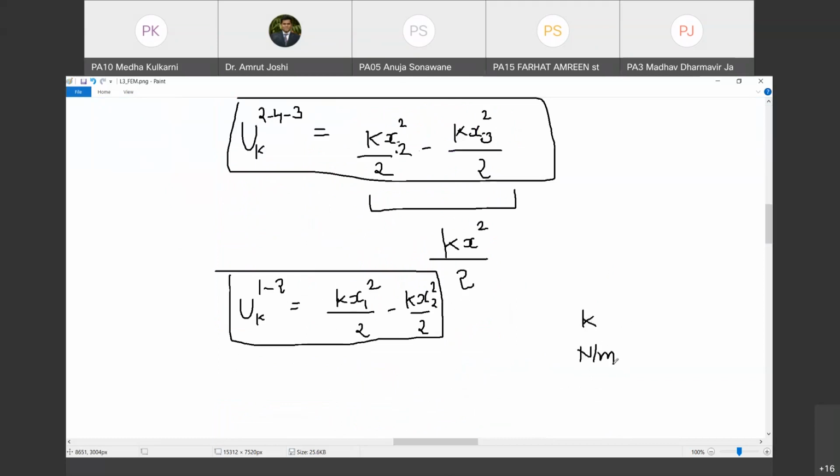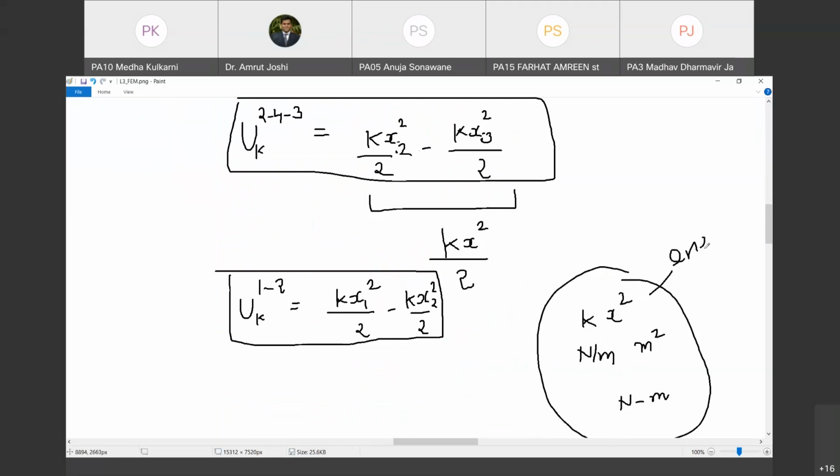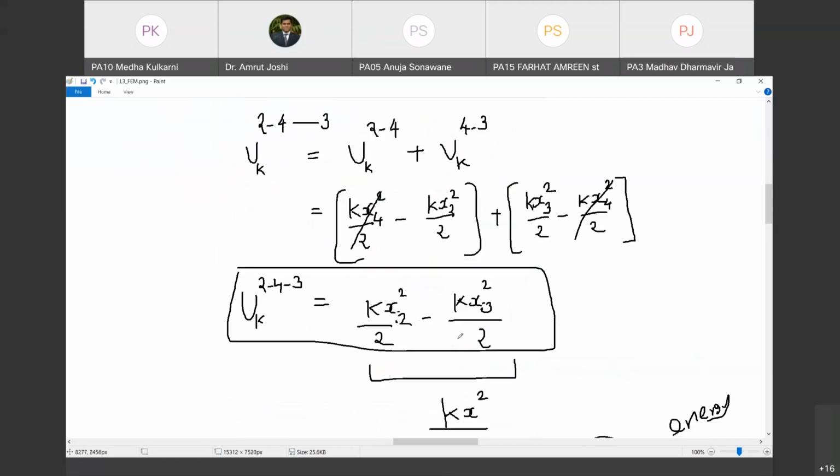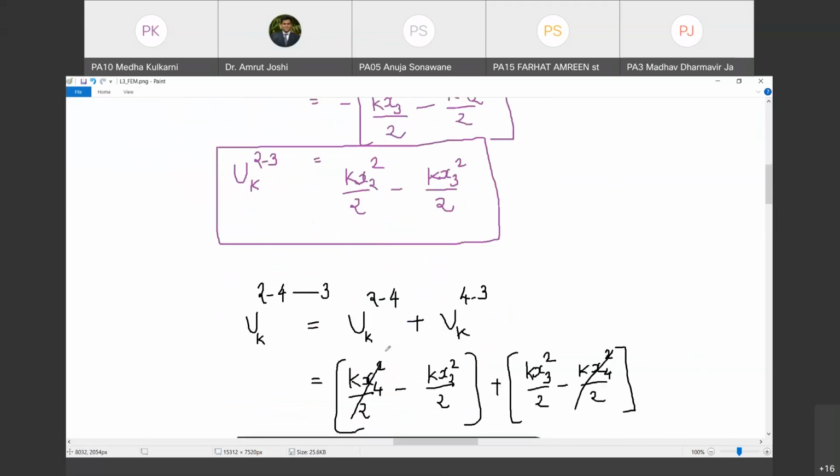Do you agree with me? Yes, sir. What is the unit of x square? Meter square. So what is the unit of kx square? It is Newton meter. Is it the unit of work done or energy? Yes, energy.